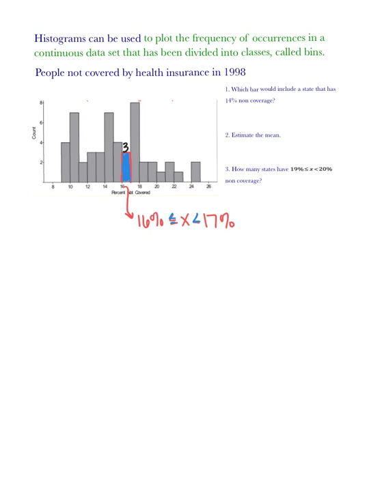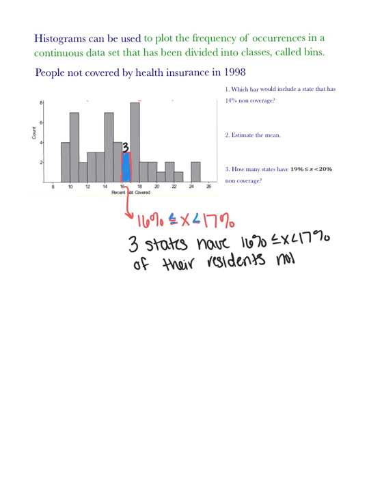That means in this data set, 3 states have between 16% and 17% of their residents not covered by health insurance in the year 1998. So it's incredibly thorough and a long sentence, but I need all of that information.